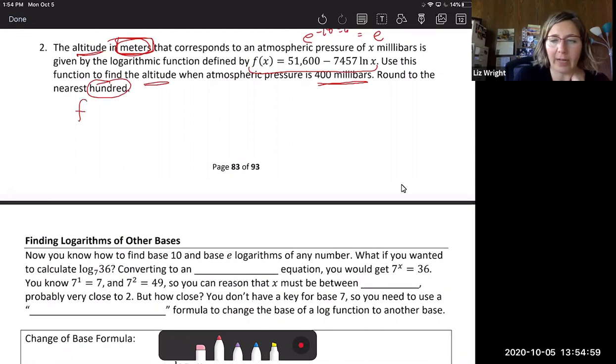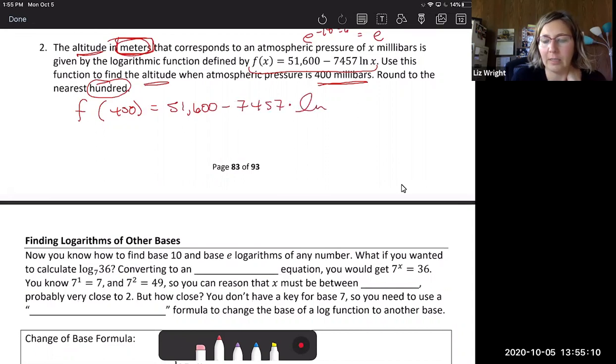So that means we are finding f of 400. And so we're going to have 51,600 minus 7,457 times natural log of 400. So go ahead and put that in your calculator. You're going to do the 400, hit the natural log button if you have my calculator, multiply it by -7,457, and then you're going to add 51,600.